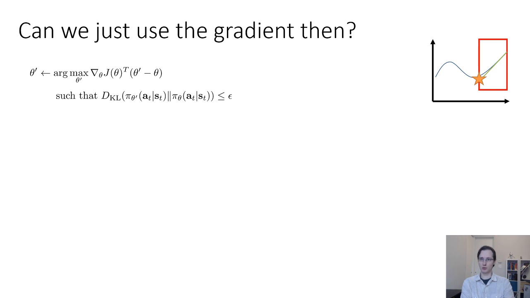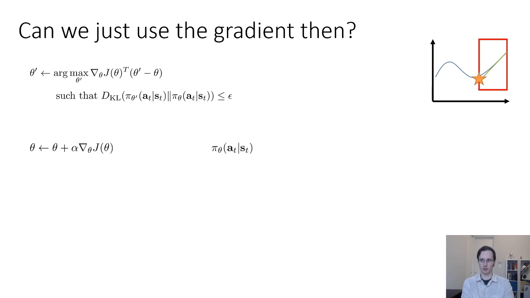Now, could we just use gradient ascent then? If we're just calculating the policy gradient, our objective is grad theta J theta transpose theta prime. Does gradient ascent do something similar to this constraint optimization problem? So gradient ascent would just take theta and set it to be the old theta plus alpha times grad theta J theta.